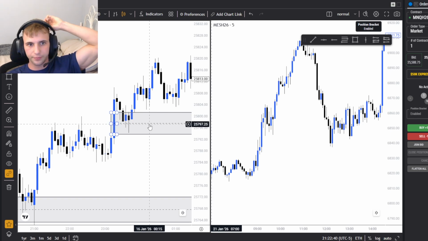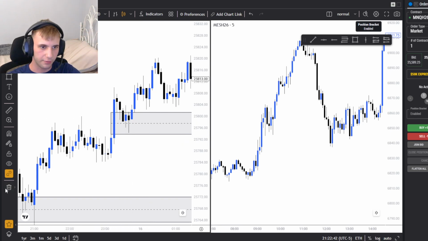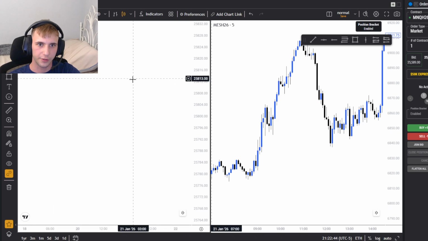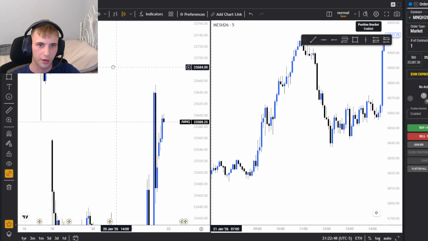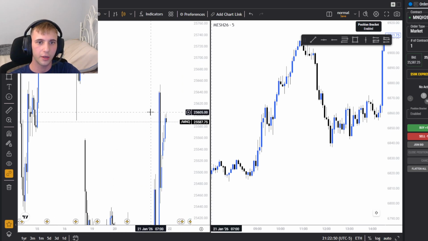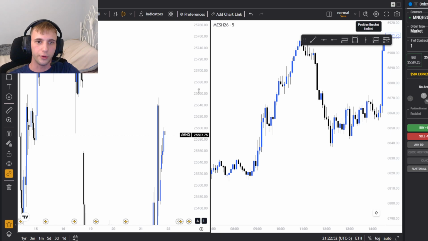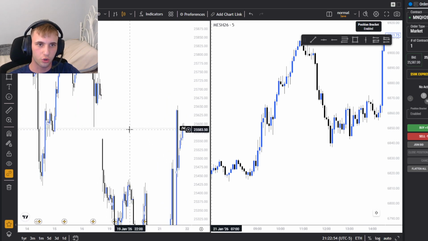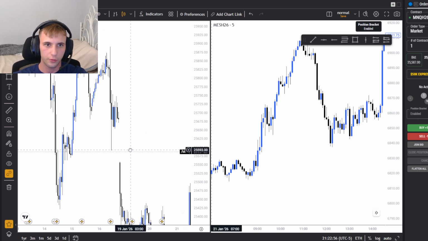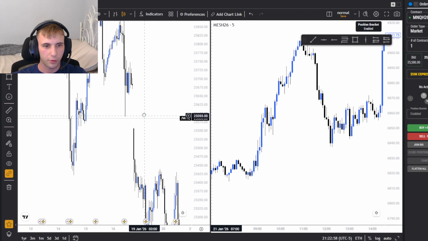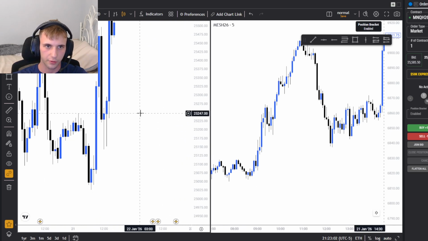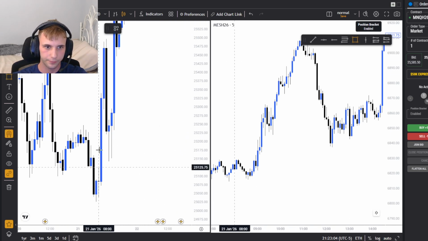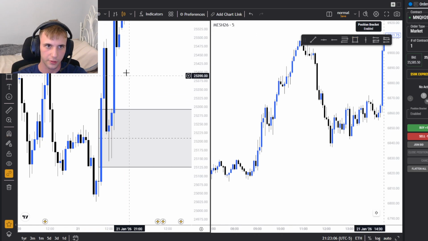Actually, let's not even use the 5-minute gap here, because you would rarely take profits off of a 5-minute gap. We can use this new week opening gap though, for sure. Oh, I don't even want to use that. We can use this gap right here. Boom. This is from today actually, so that's perfect.